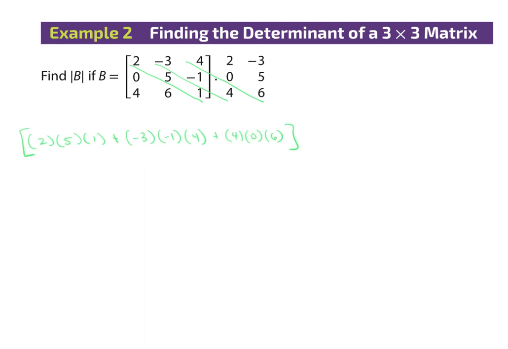And then you're always going to subtract here. And then you're going to do bottom left to top right. So we're going to say 4, 5, and 4, plus 6, negative 1, and 2, plus 1, 0, negative 3.